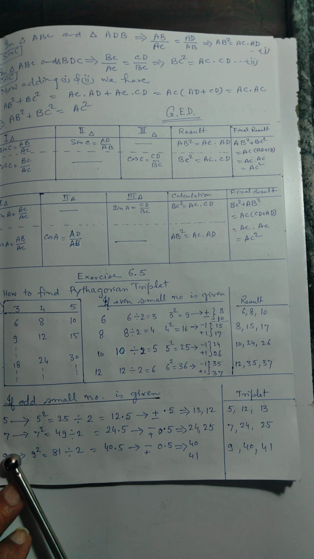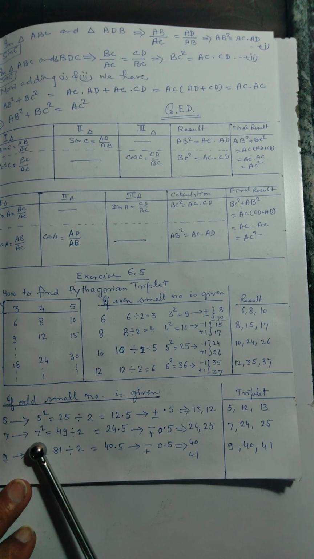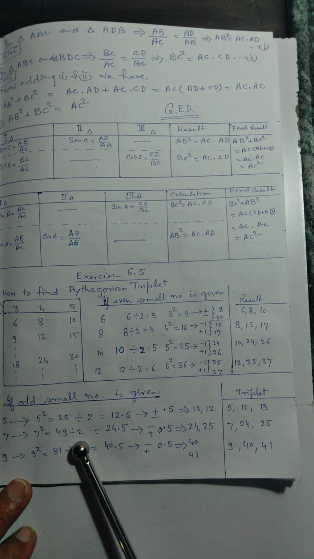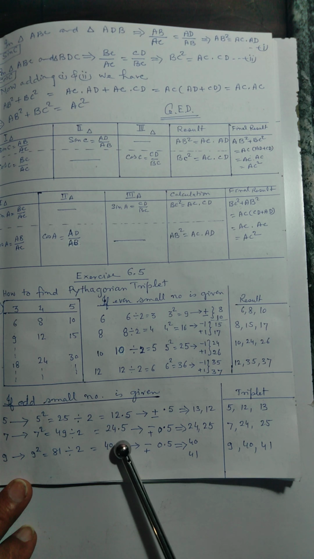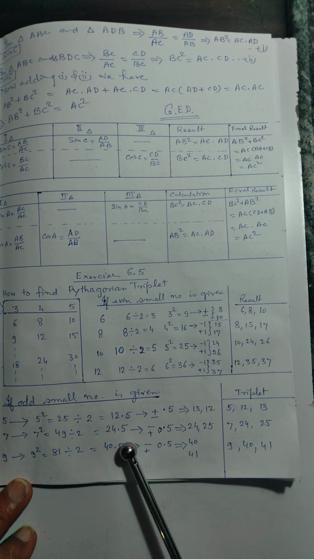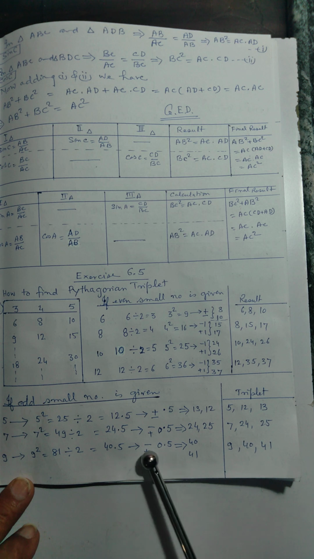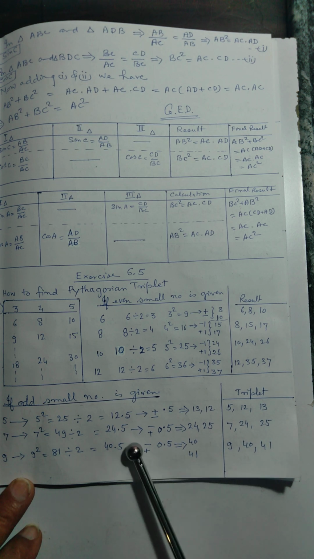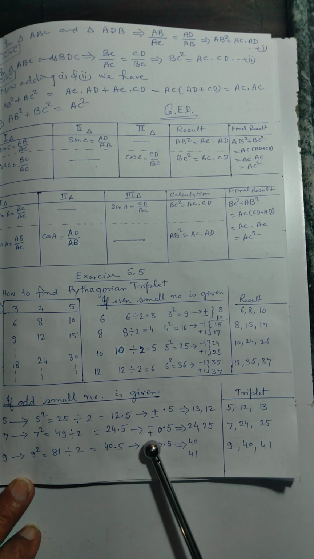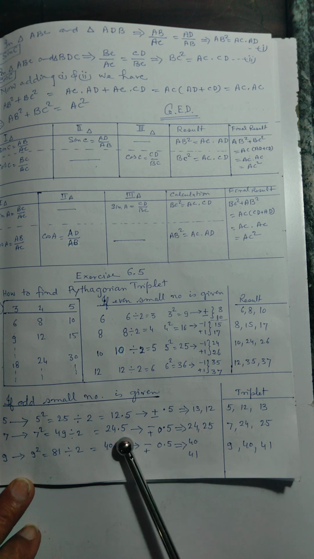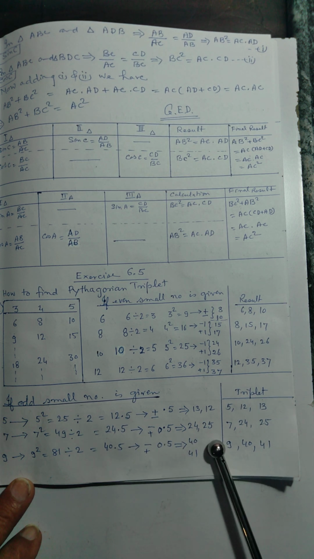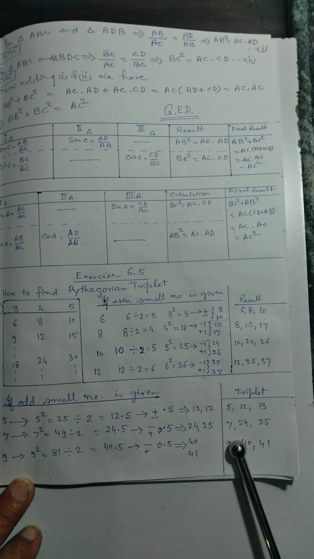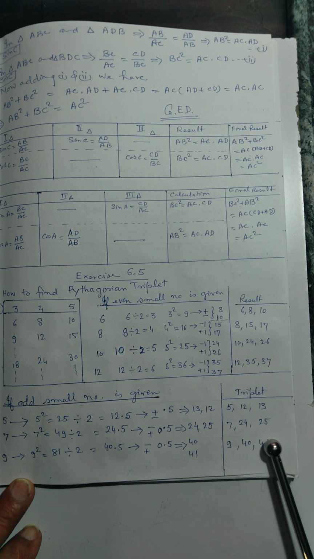Now take the example for 7. So what will be the square of 7? That is 49. Divided by 2, that is 24.5. Now in one case you leave the 0.5 and in the other add 0.5. So while you subtract 0.5, you will get 24. While you add 0.5, you will get 25. So 7, 24, 25.